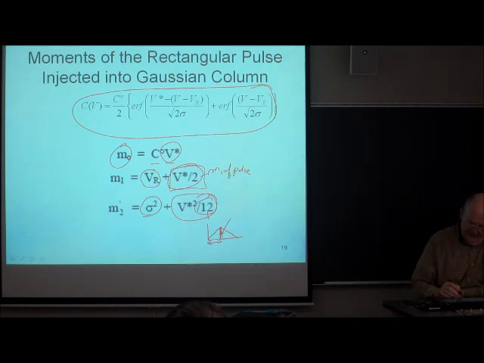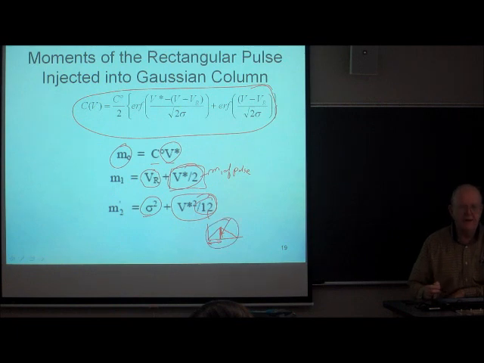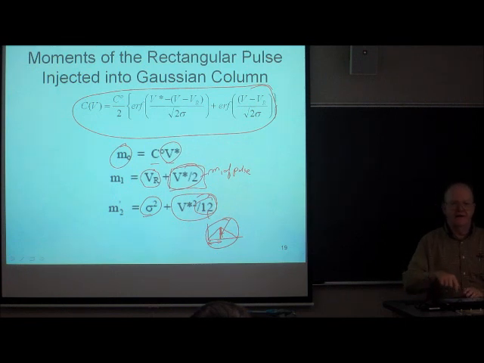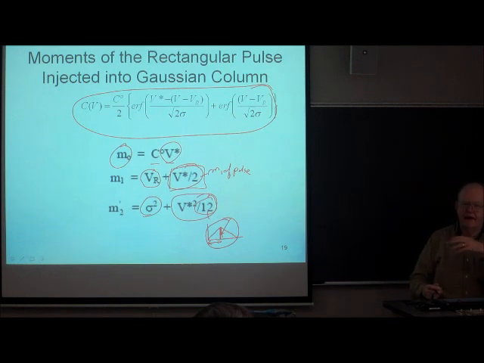And the second central moment would be sigma squared plus the second central moment of that distribution. If you had some real wacko function, all you got to do is determine its area, determine its center of gravity, and determine its second central moment, and you add them to the values for the Gaussian part of the column, and you have the answer. And you don't have to deal with anything like that. Okay, forget about it.